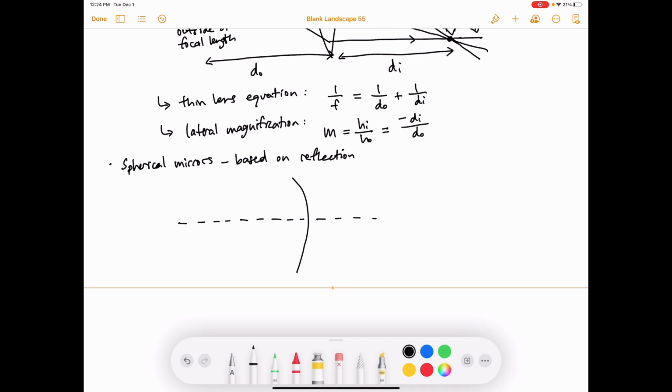But what I'm going to do is put the object inside of the focal point of the mirror. So imagine this is the focal point. This is our object here. What kind of image gets formed by the mirror? Well, just like before, we can draw three principal rays. The first one goes parallel to the optical axis like this, and then out through the focus like this.